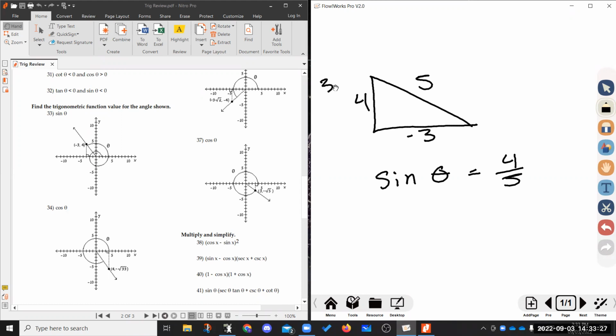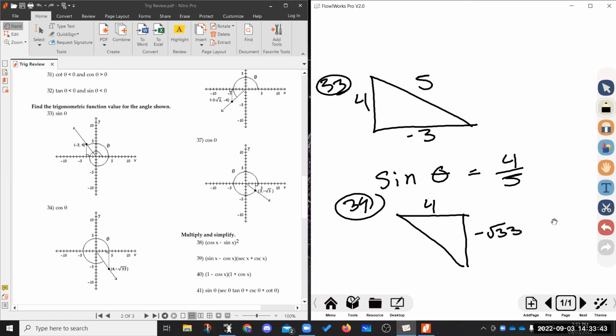For number 34, my triangle is down here in quadrant 4, and they say that my x is 4, my y is -√33. And this is going to be 16 and 33, add to give me 49. This is a 7 over here, and they want the cosine of the angle. The cosine of this angle is going to be 4/7.